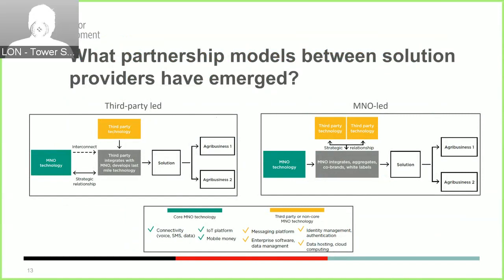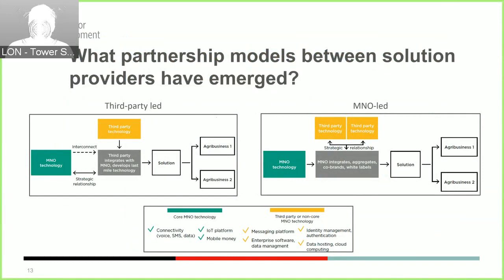It is important to say here that even in the case of the third-party led model, an effective relationship and possibly a strategic engagement with the MNO are quite important. For example, if we think about mobile money payments, business-to-person payments in the agricultural last mile, it is clear that the success of this type of initiative is really dependent on the active participation and support of one or more mobile money providers.